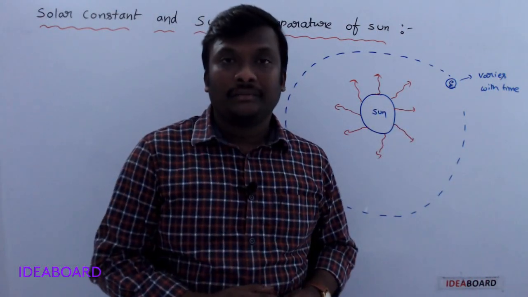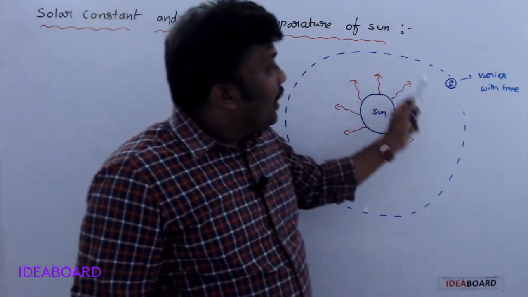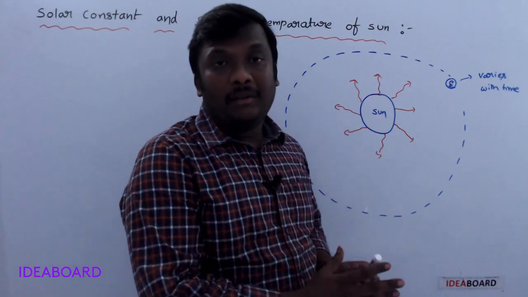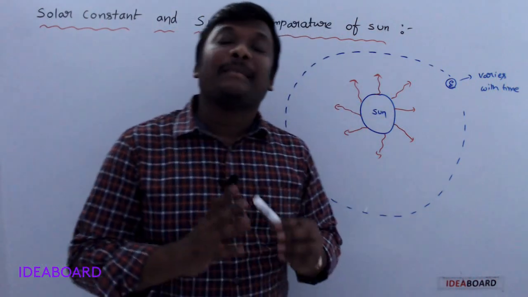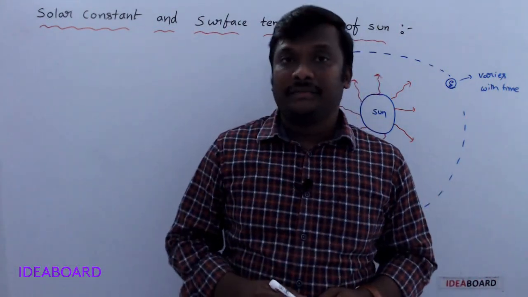So the amount of energy per unit area per unit time absorbed by a black body is denoted by a constant called the solar constant.